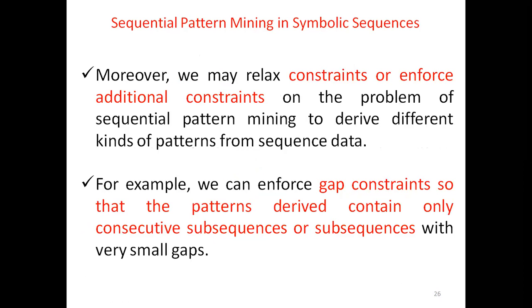Moreover, you may relax the constraint or reinforce additional constraints on the problem of sequential pattern mining to derive different patterns from the sequence data. For example, a gap constraint, so that the derived pattern contains only consecutive items or subsequences with very small gaps.